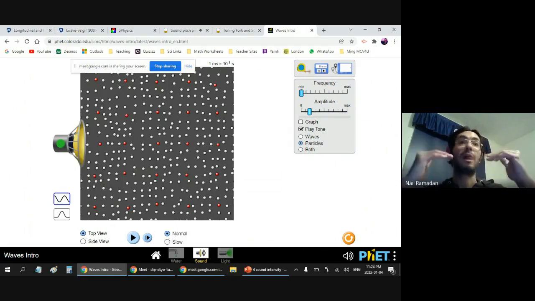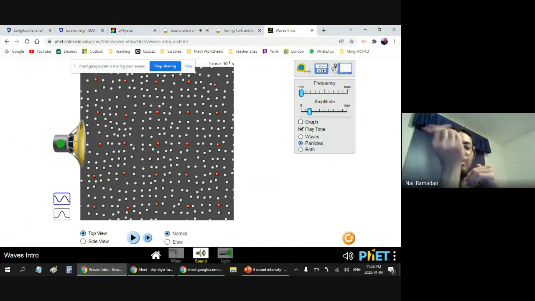So now it's the same voice level, the same octave for those of you doing music, but louder. I just went with the dial of volume and cranked it up. So those are two cases where the frequency was kept low and we played with the amplitude.